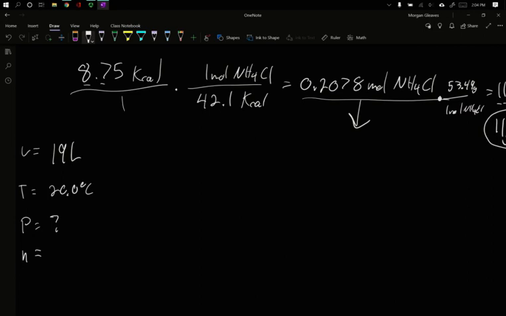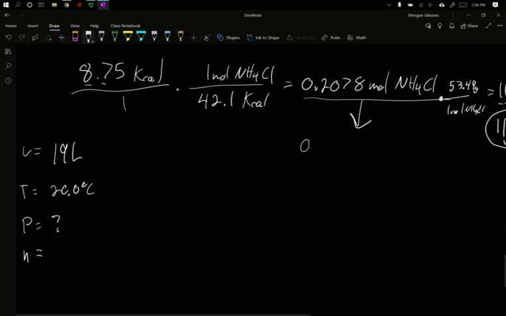Well, as we saw in our original calculation, because it's 1-to-1, that is 0.2078 mole of the ammonia and 0.2078 mole of the HCl. Because all the products and reactants are 1-to-1, it was the same number of moles.